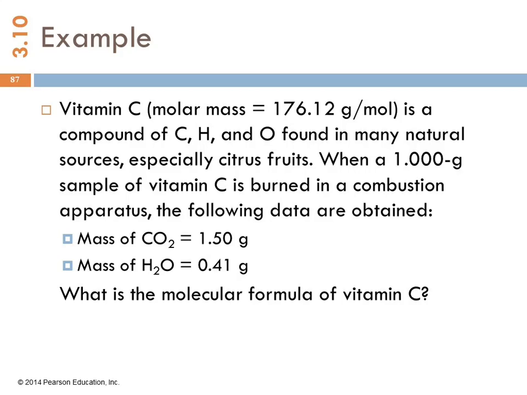From the mass of CO2, we are going to find the mass of carbon that was in this original 1 gram sample. So we're going to take this mass of carbon dioxide. So this is grams of CO2.